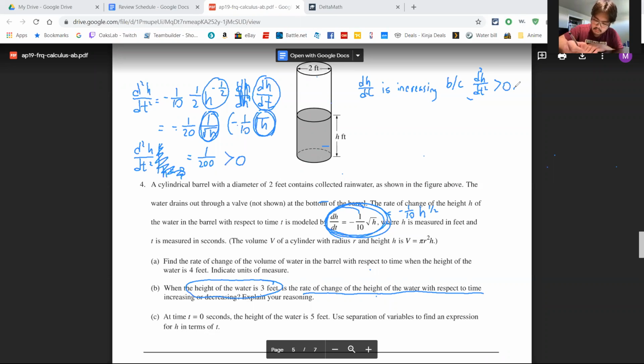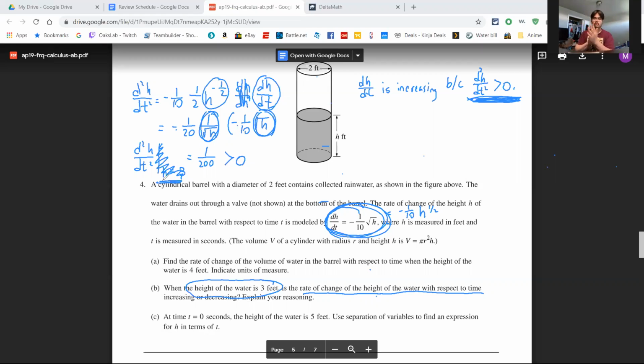And I do not have to mention specifically at h equals 3 because this is true no matter what h is. I was going to mention it right here, but there was no variable at the end. It was always 1 over 200, so it doesn't matter anymore. It's true no matter what.